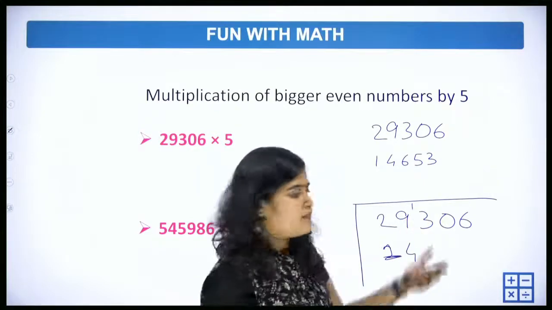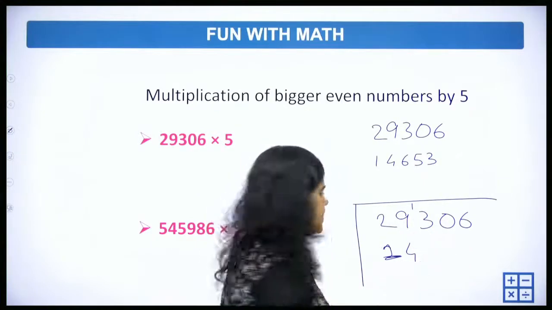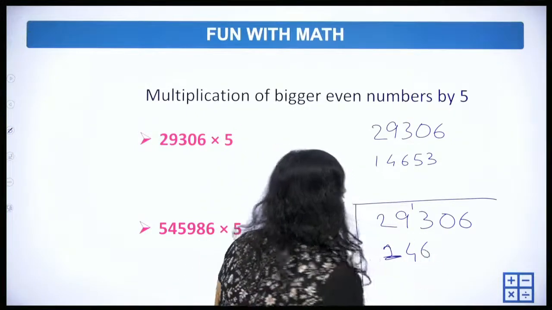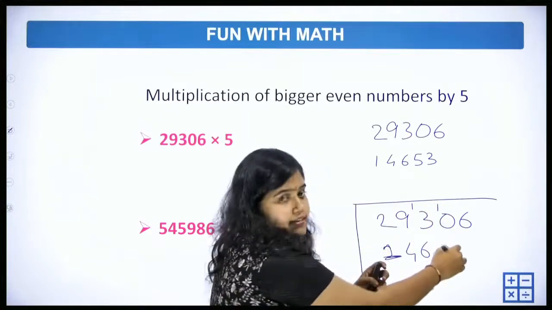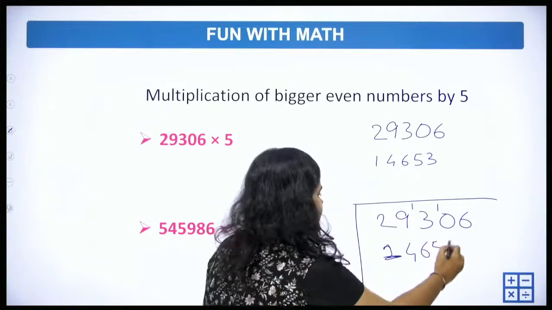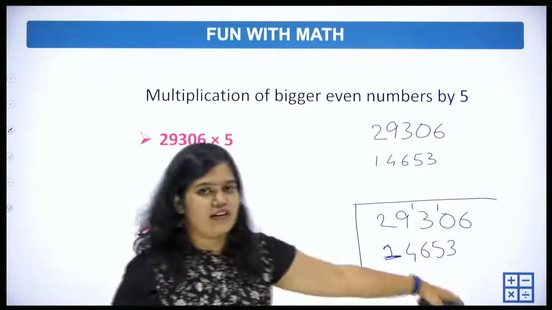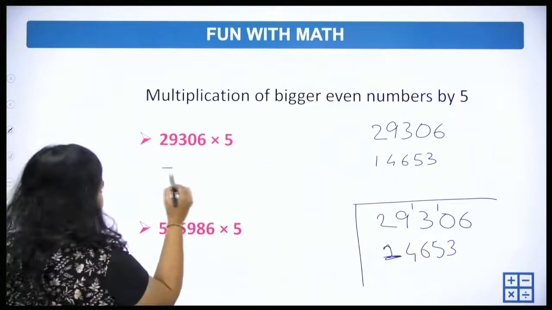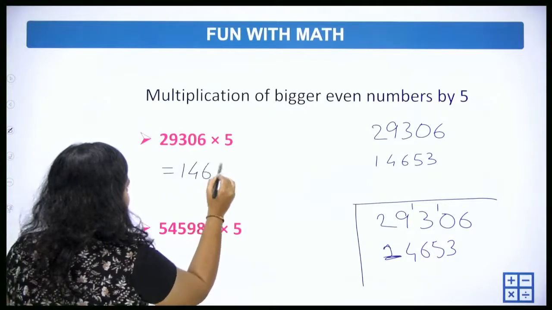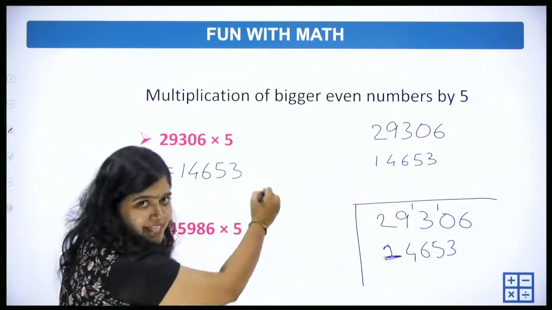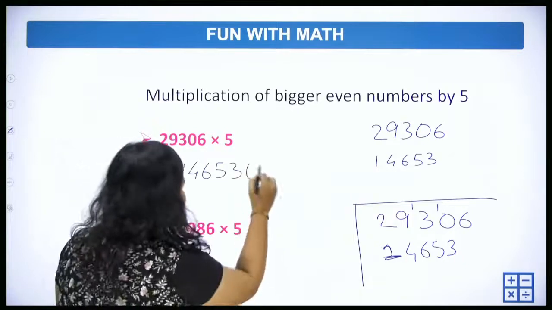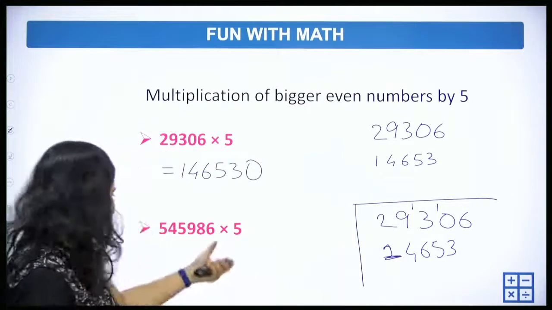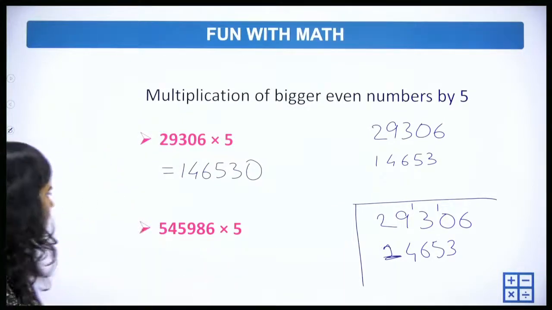So 1 comes here. 13, right? 13 is not possible, but I can divide 12. So 6. And again 1 is gone. So 10, 5. And 6 is 3. So 1, 4, 6, 5, 3, right? So the answer for this multiplication is 1, 4, 6, 5, 3. Am I done? No, we need to put 0. 1, 4, 6, 5, 3, 0. Right?